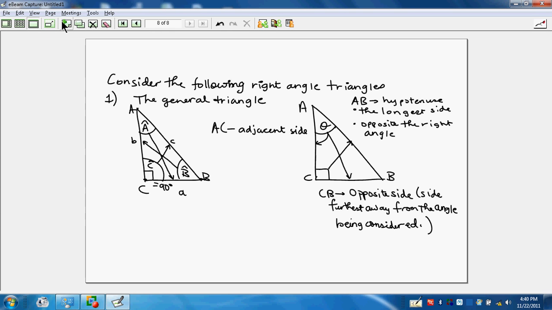So the adjacent side is always the side nearest to the angle being considered. In this case, the angle being considered is labeled theta. So that will be the angle theta in both cases.